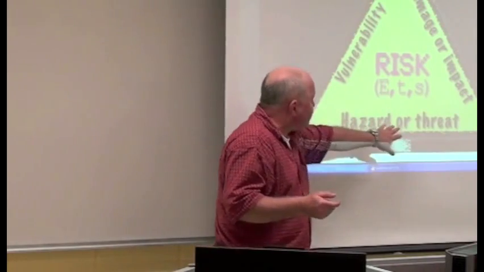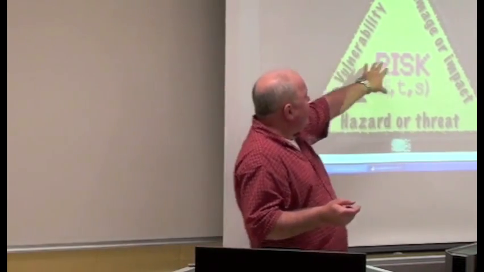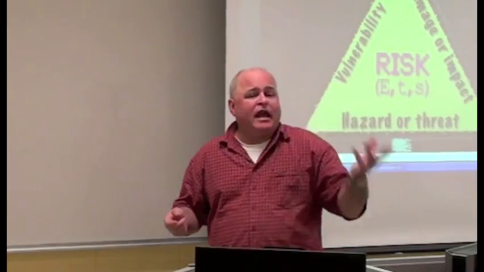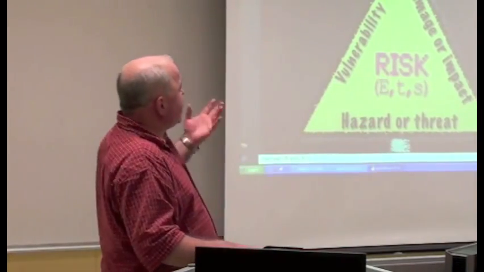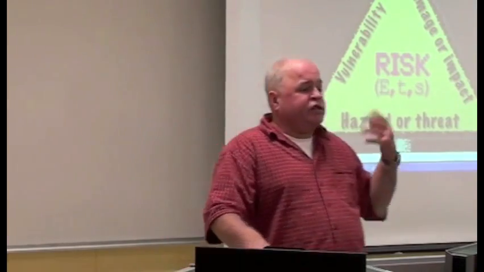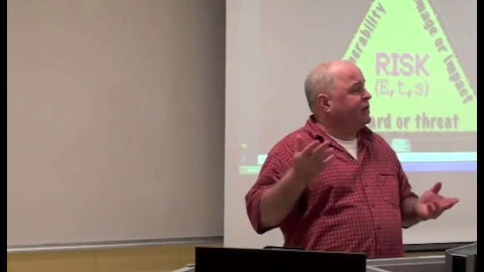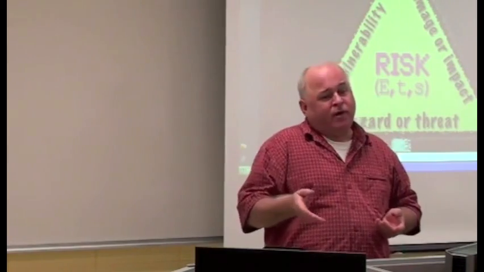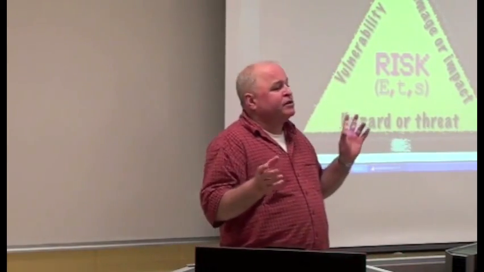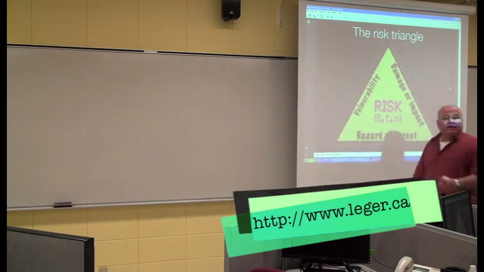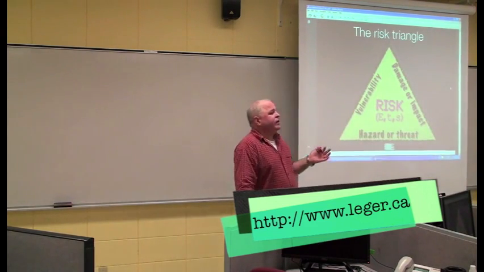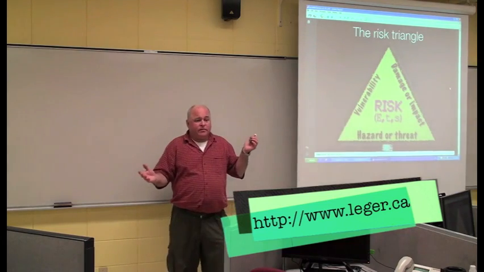So there's the potential threat, there's a vulnerability, and it has to result in some kind of damage, or there has to be some kind of impact, which generally we refer to as a negative impact. We don't care about positive impacts. If it works out and the end result is better than what we had before, we're not overly concerned with that. So how do we get from here to doing a risk assessment?